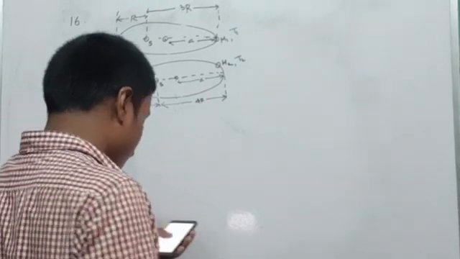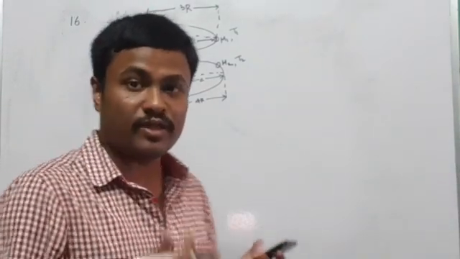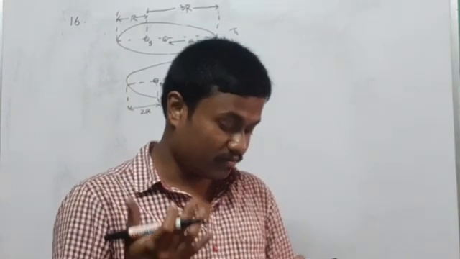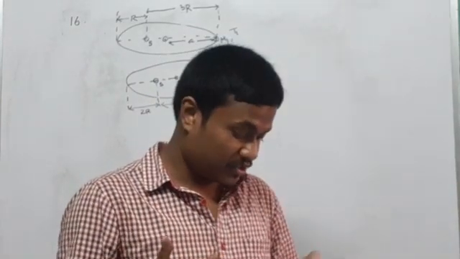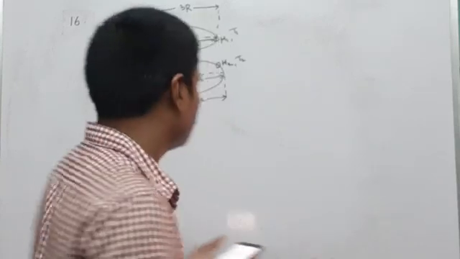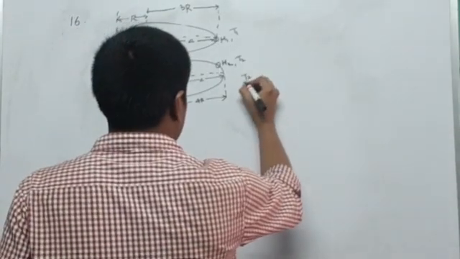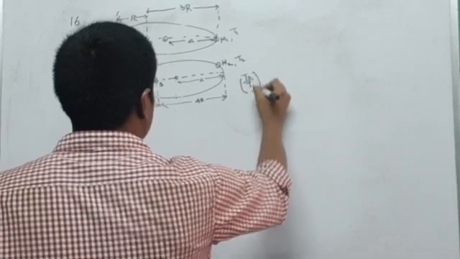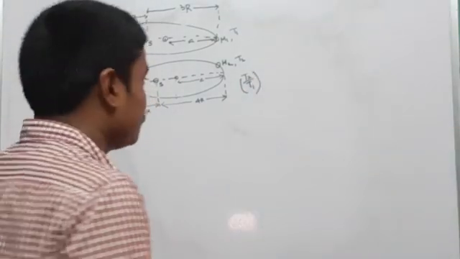Assuming M1 and M2 to be much smaller than the mass of the Sun, what is the magnitude of T2 by T1? So we need to basically find the ratio of T2 over T1.